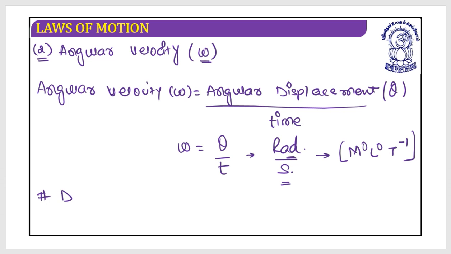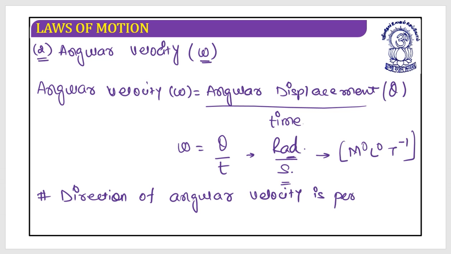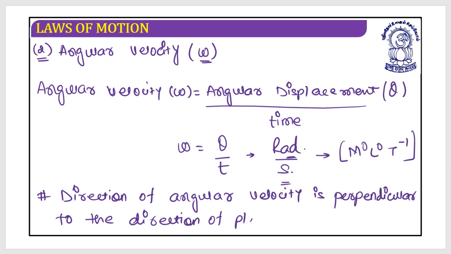Direction of angular velocity. Direction of angular velocity is perpendicular to the plane of the circular path.